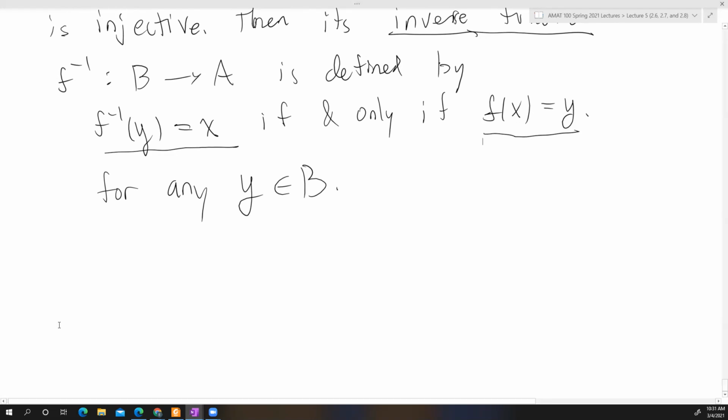And it's pretty clear that if you compose these two functions, then they're just going to undo each other. So why is that the case? Remember, suppose that this holds right here. This is equivalent to that being true. Well, y is equal to f of x, so I can substitute y into here.